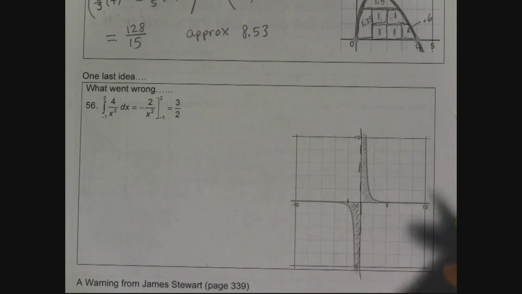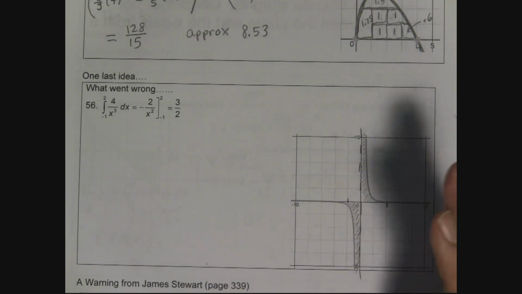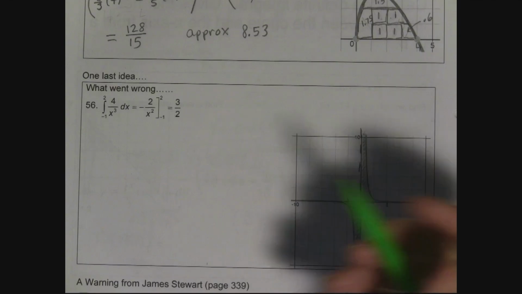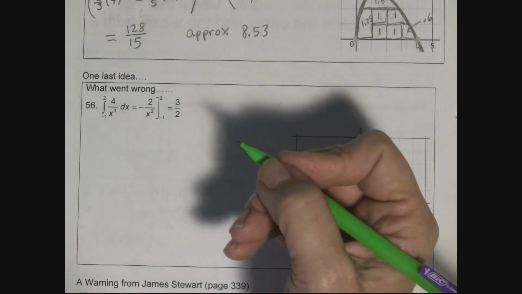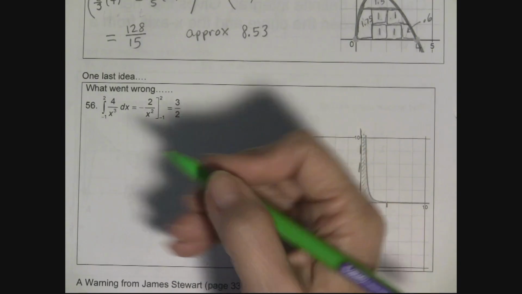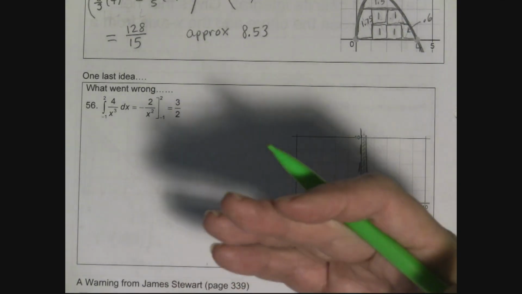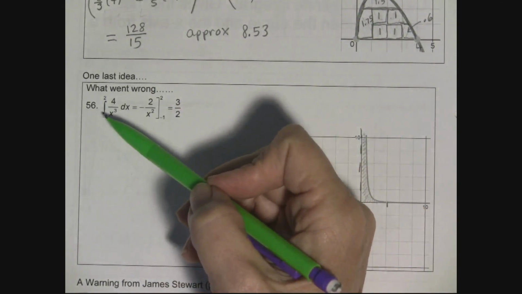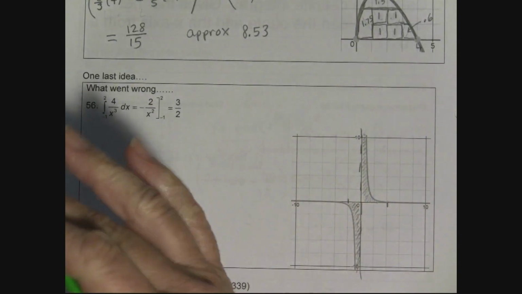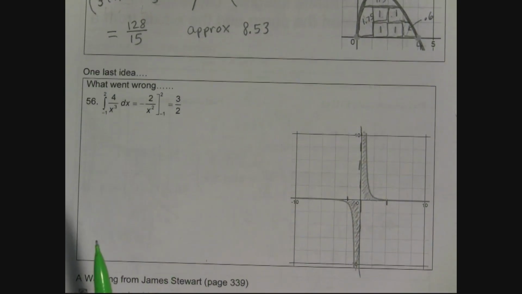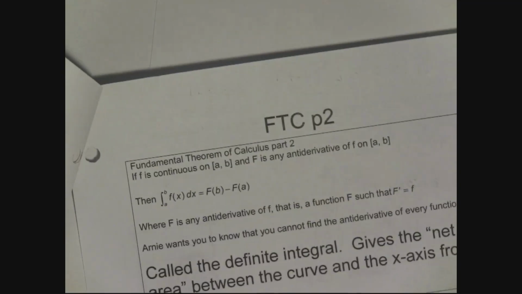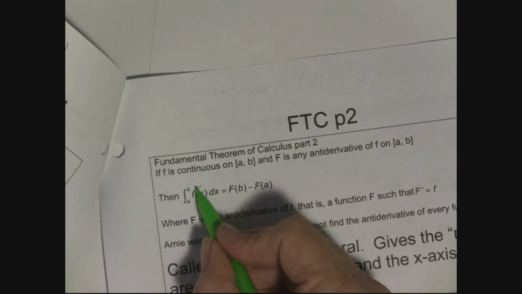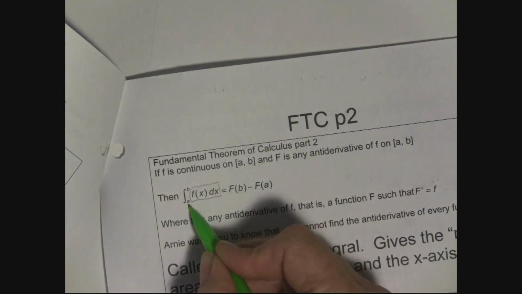There are some things that you're going to look at with this in Calc 2. What went wrong is that you can't use the fundamental theorem of calculus and say that it gives you the area if the function is not defined from -1 to 2. The directions require that this be a continuous function on the bounds from a to b.